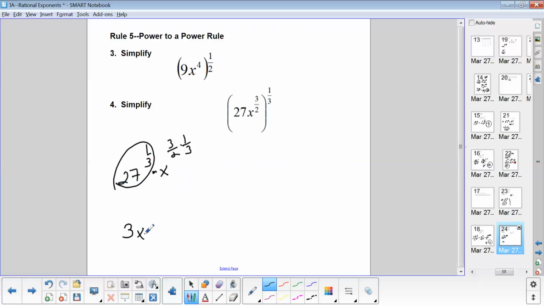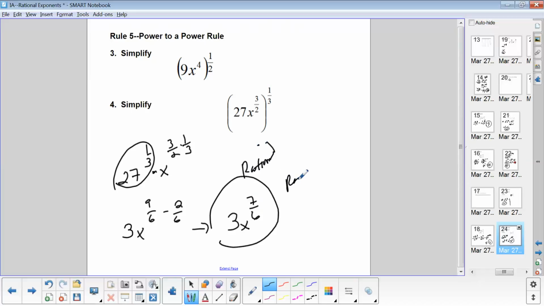So that's x. Now, what's 3/2 take away 1/3? Well, the LCM would be 6. So that's 9/6 and 2/6, which would be 3x to the 7/6 power. And that's your rational form.